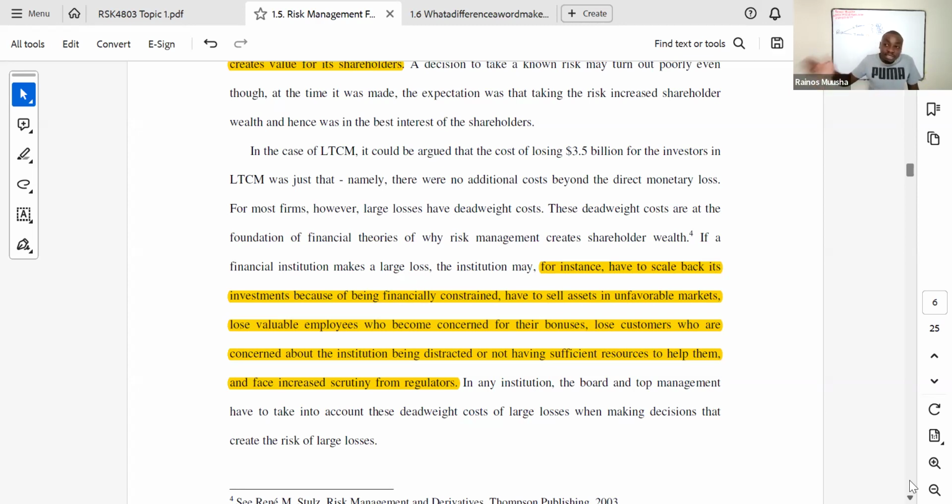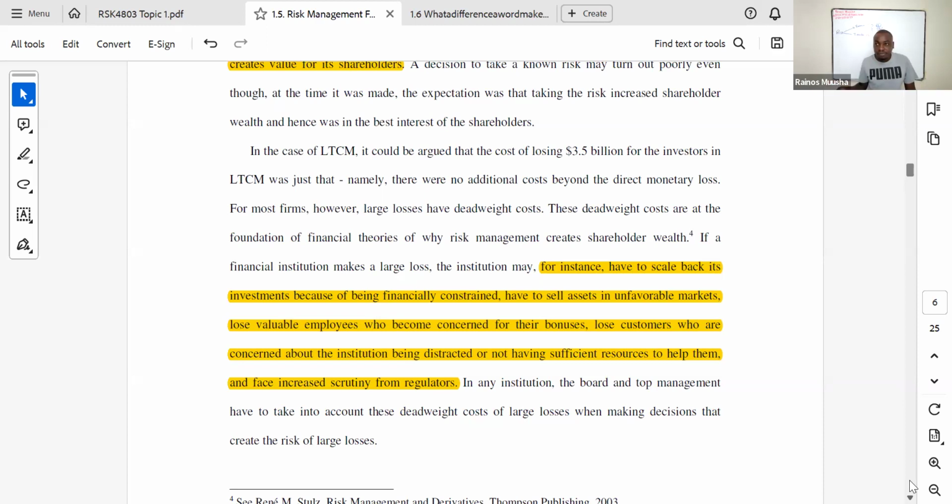What if your losses are going to be 80% of your value? It basically means that those huge losses are now going to end up affecting the organization. And the moment the organization suffers those huge losses without having in place measures to mitigate those losses as well, what is going to happen? The organization is not going to be able to continue as what?